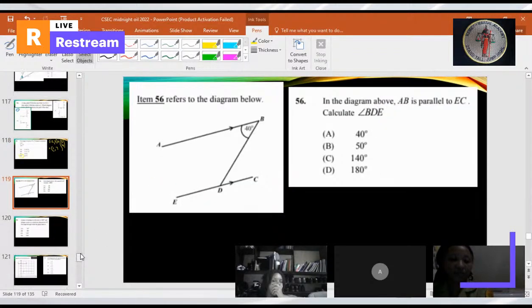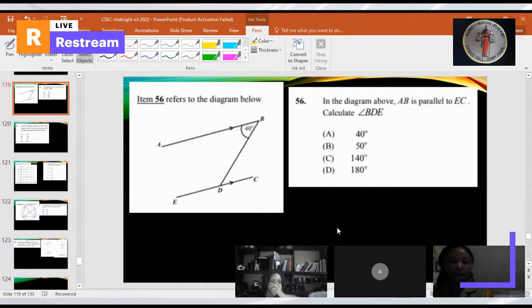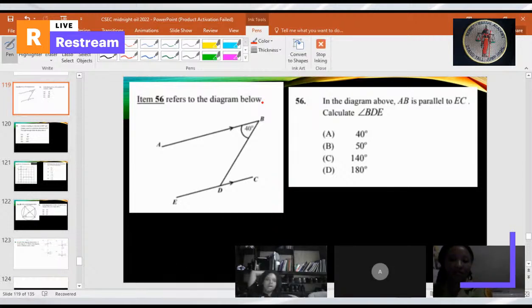Number 56. Item 56 refers to the diagram below. In the diagram above, AB is parallel to EC. Calculate angle BDE. So let's mark the angle. From B to D to E, so they want this angle here.